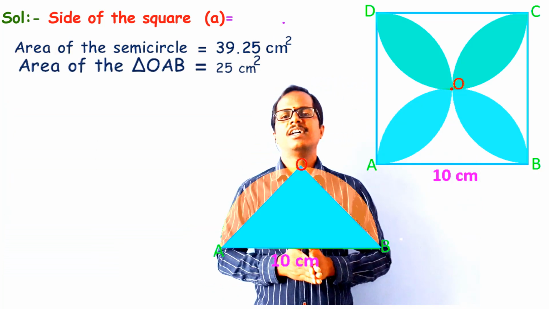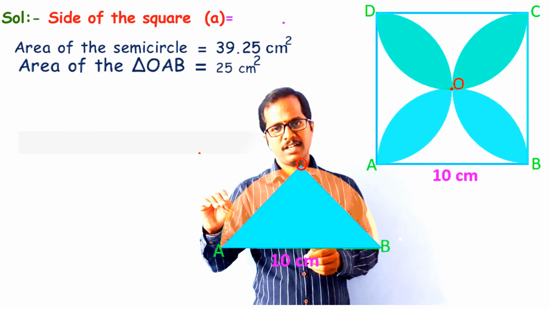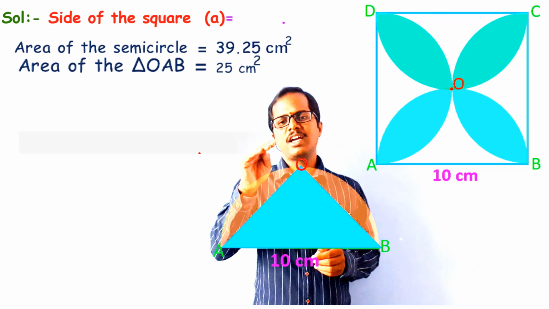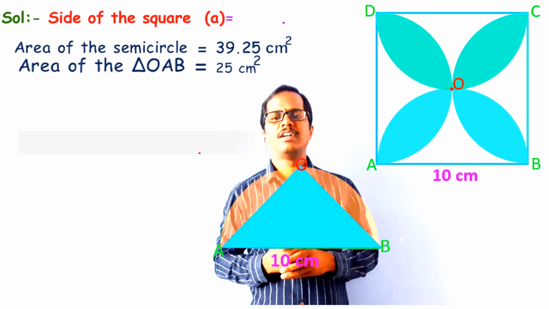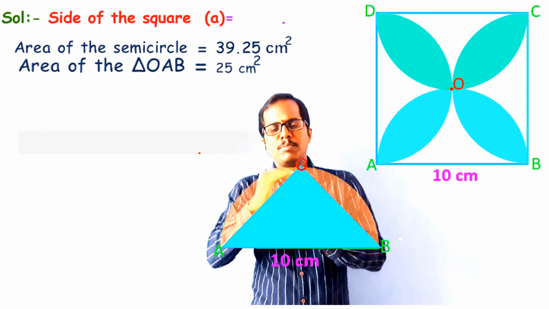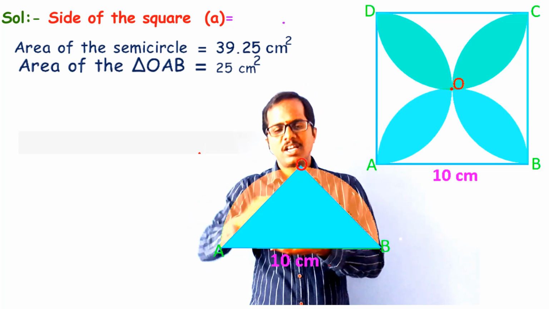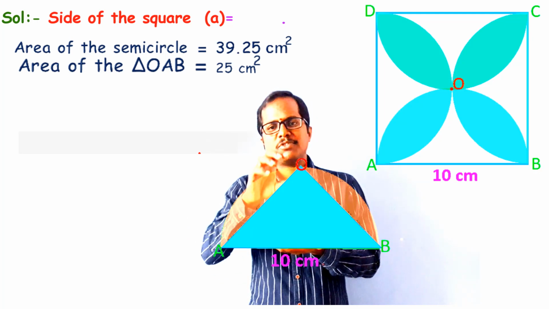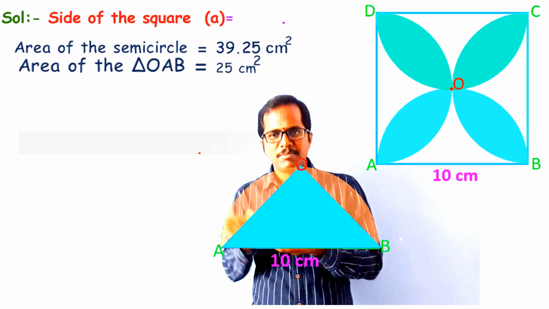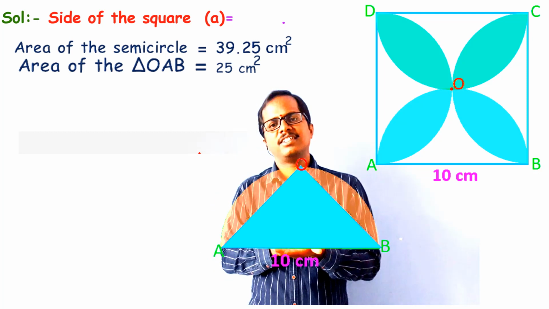Now we have the area of the semicircle AOB and also we know the area of the triangle AOB. Now what will happen if we subtract the area of this triangle AOB from this semicircle? Suppose we remove this triangle from this semicircle, what region will we get?